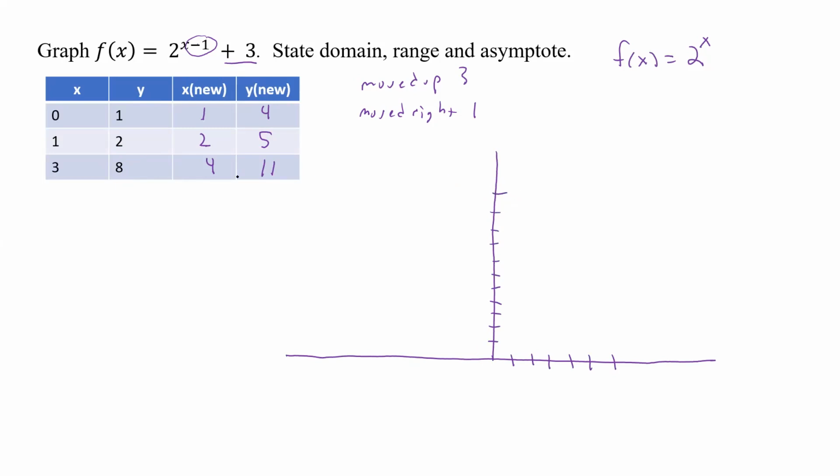So that's good. So now our 1 and then 4. So that's somewhere about there. And then we have 2, 5, so that will be somewhere there. Then we'll have 4, 11. So that's clear to the top, and that would be about maybe there.